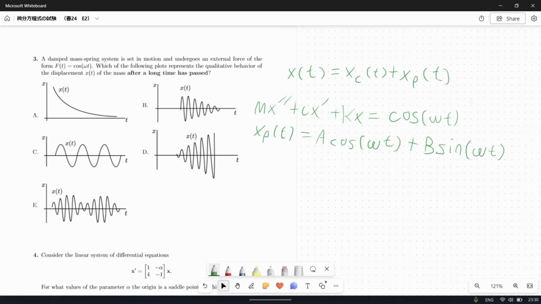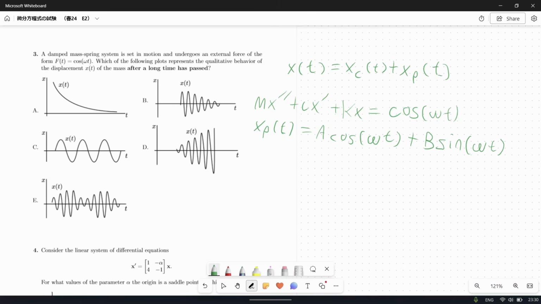And the question is asking what is the qualitative behavior of the displacement x of t after a long time has passed? And so we can treat that as asking how the general solution of this differential equation behaves as t approaches infinity.